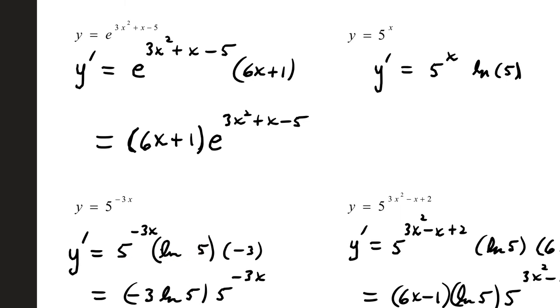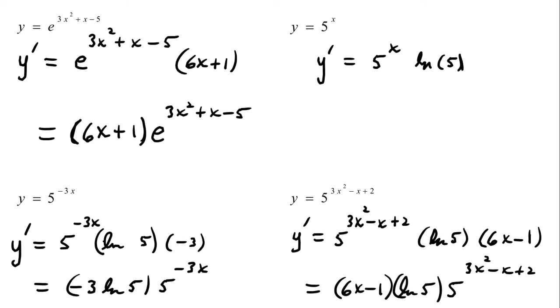Now, what makes it a little bit extra is we have a derivative of our power, which is negative 3. Since that's not 1, we have to multiply by the derivative of the power. Cleaning all this up, which is optional, I have negative 3 times the natural log of 5 times the original function, 5 to the negative 3x power. Let's focus on the bottom left example.